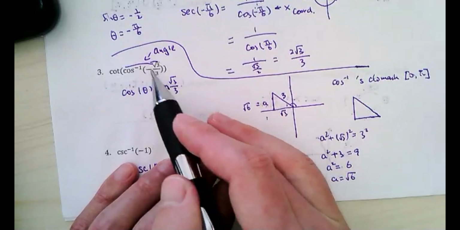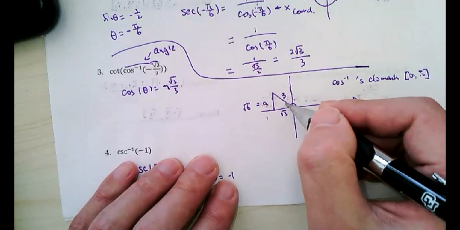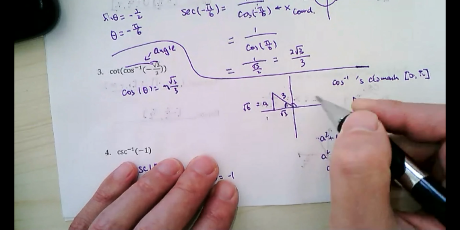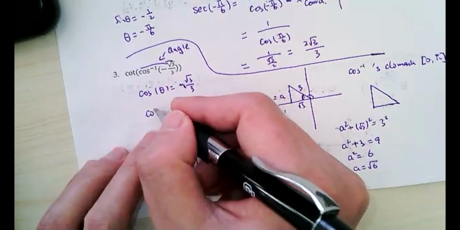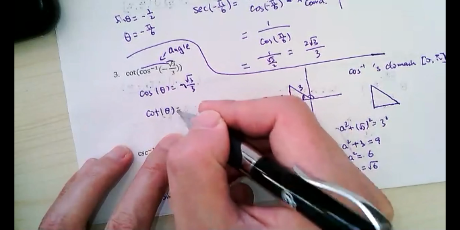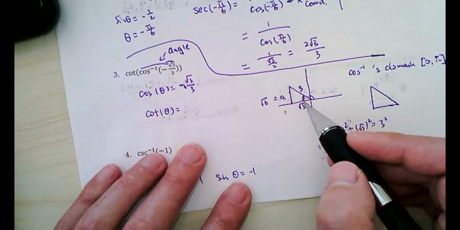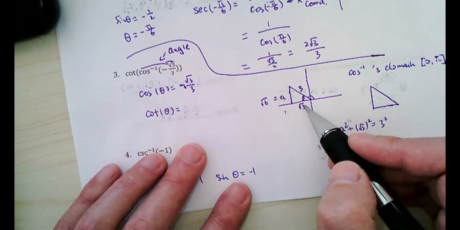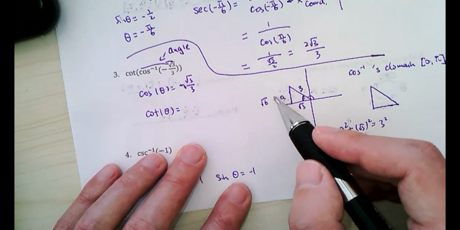Cotangent of this angle. The angle has a reference angle on this side. So the cotangent of that should now become easy. Cotangent of that angle is just the adjacent side divided by the opposite side.